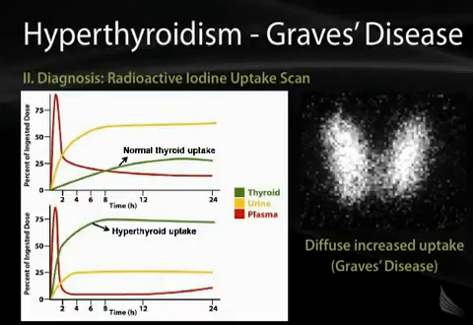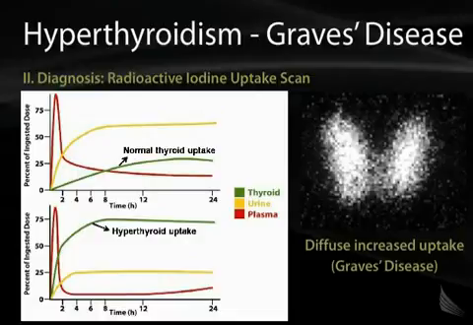So when you have somebody come in and take a dose of radioactive iodine, usually it's iodine 125 or 131, the uptake is usually about 25%. Whereas someone who has Graves' disease will have an uptake, as shown in the bottom panel, of over 75%.